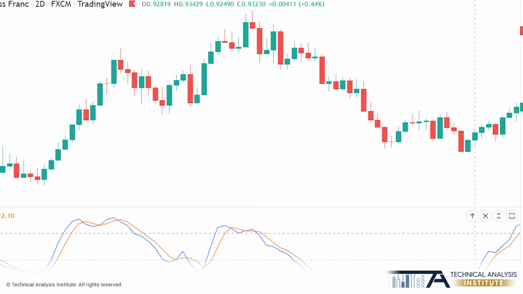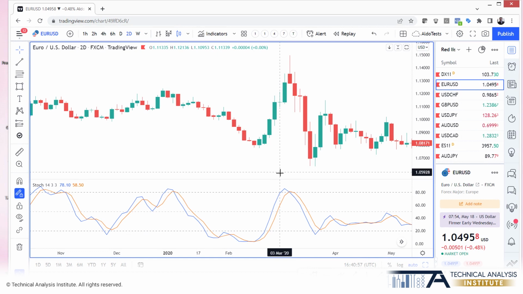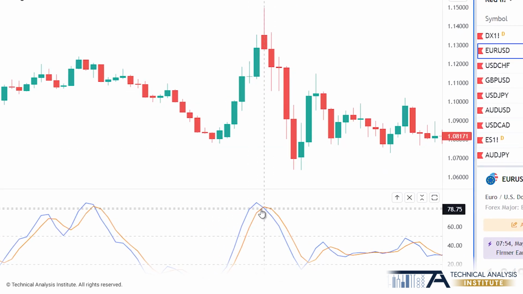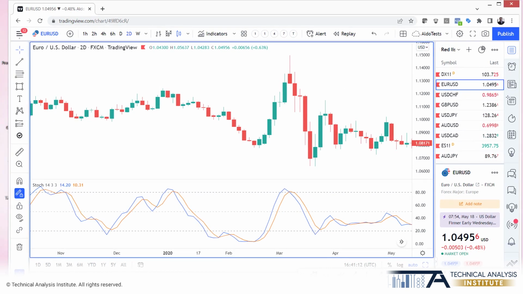In the previous example we were discussing, you can see how the stochastic also confirmed the signal by giving us a crossing of the lines of the stochastic that both cross the 80 reference line to the downside. Again, another confirmation.